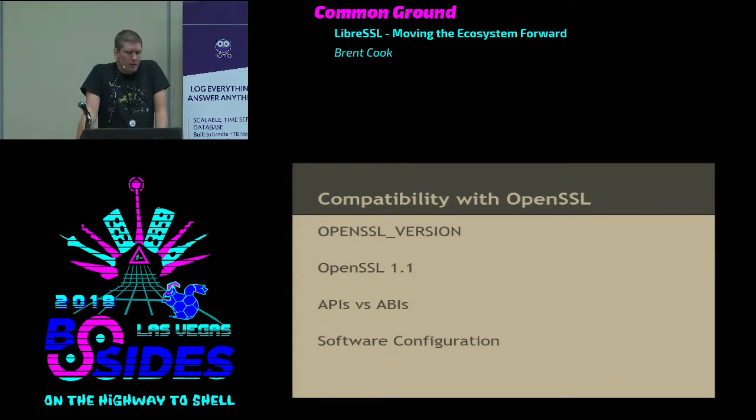Now, you might ask, why did the OpenSSL team decide to change this? Well, I actually found out. I went to the International Cryptographic Module Conference earlier this year, and I asked Rich Saltz why they did this. And it turns out it's for FIPS compliance. With FIPS compliance, you don't want to have to change your binaries.